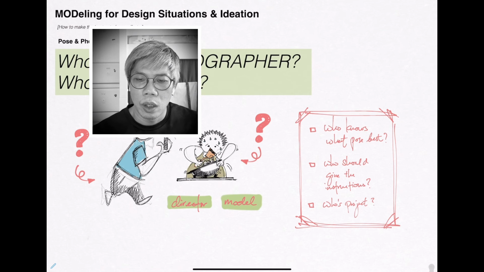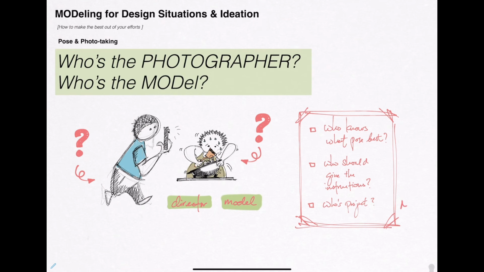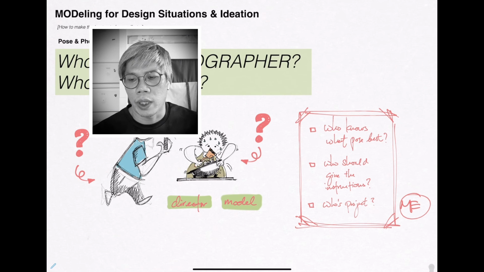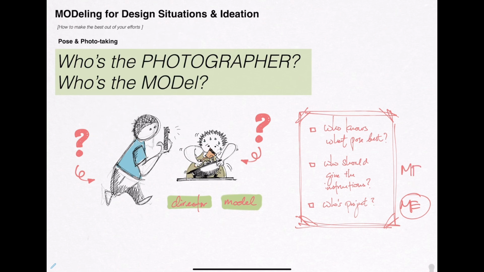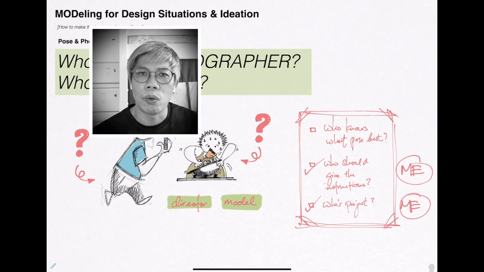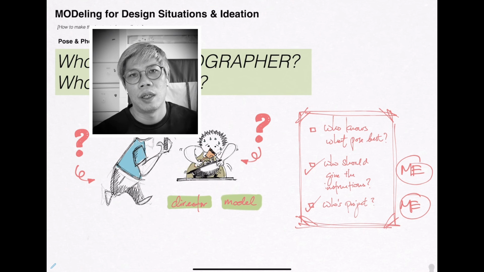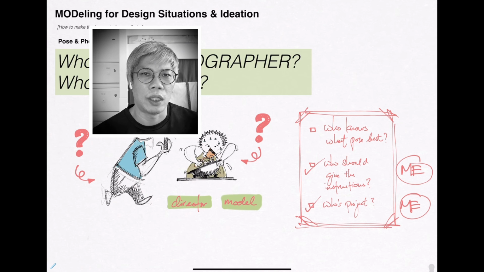Number 1, whose project is it? Who is the owner of the project? You are the owner of the project. If you are the owner of the project, who will be the best person to give instruction? You will be the best person to give instruction because you know how it should be like, what the pose should be like, and you know the camera angles that you want to take.